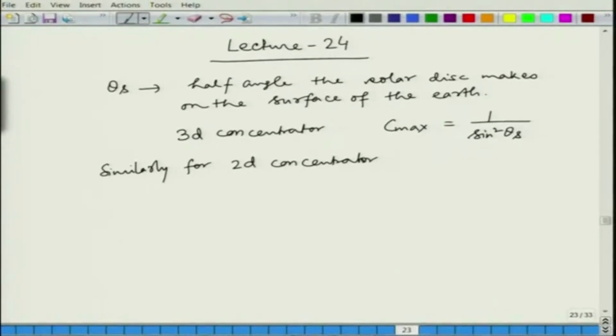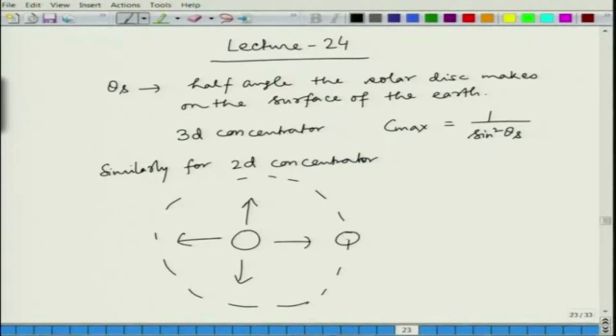okay, two dimensional concentrator means what? Suppose this is the sun and it is radiating all around. So, you can think of a two dimensional plane which is a circle and earth is somewhere on that circle.